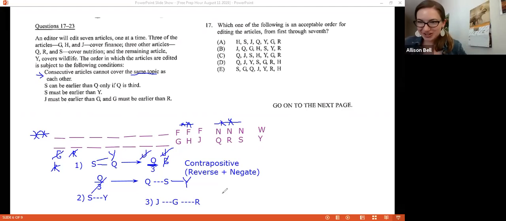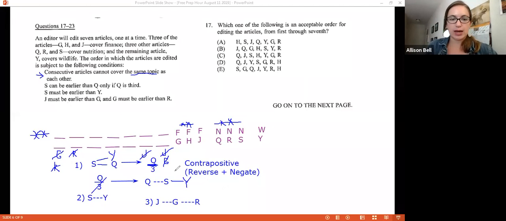Johnny, that's such a great question. Johnny asked, what do you consider to be the most restrictive variable? And that's a really great question to ask yourself before you go into any logic game. I would say it is either Q or S. The case I would make for Q is that Q has a space restriction.